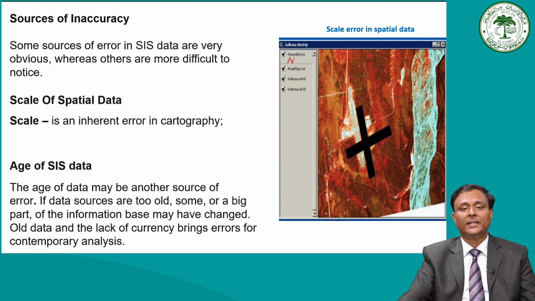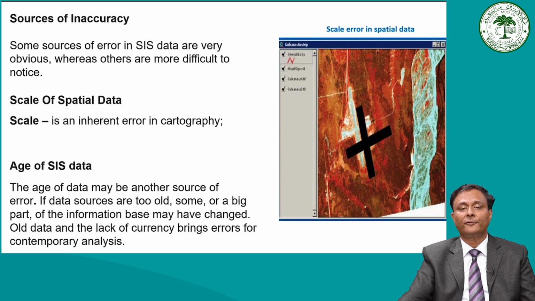The second can be errors while encoding. It may be, for example, scanning errors, digitizing errors, typing errors. These are some common ways through which errors may come while we are encoding the data into spatial information science.